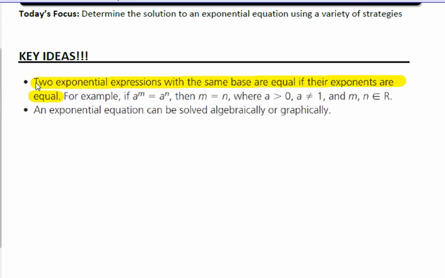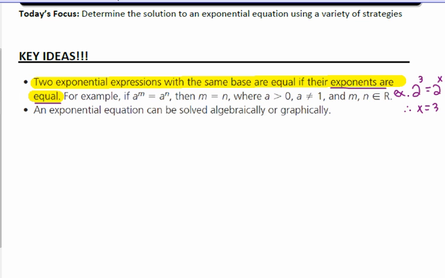The b value is your base. So for example, if I had 2 cubed equals 2 to the x, what can we say about x? Therefore, x equals 3. If the bases are the same, so on both sides you just get a base to the power, the same base, we can set the exponents equal.